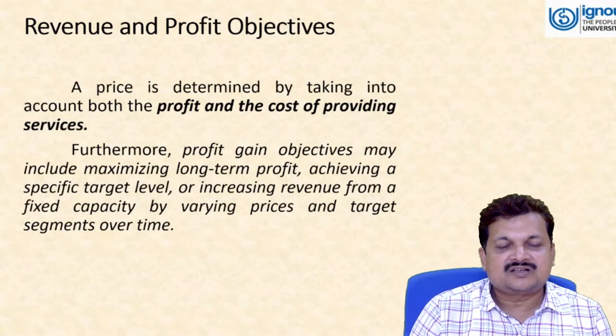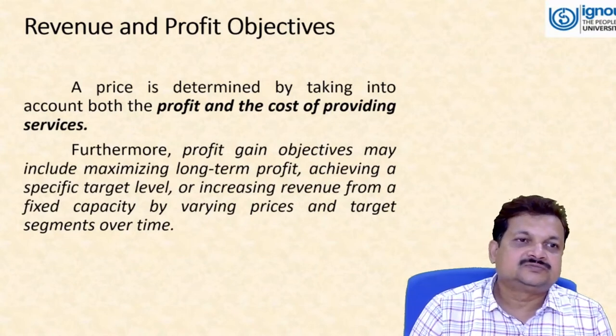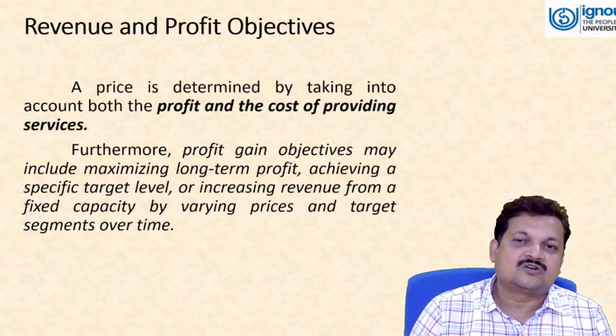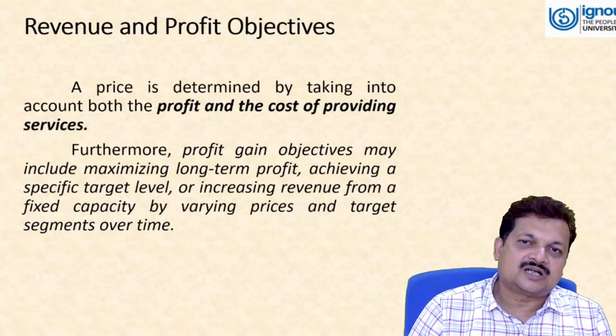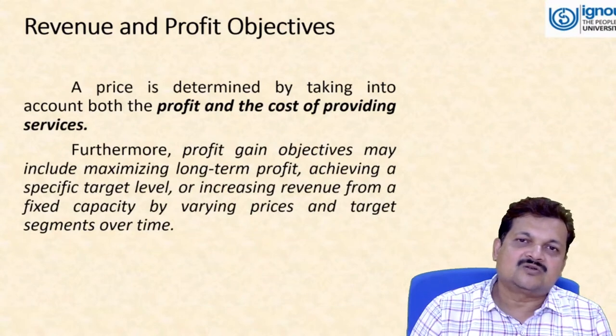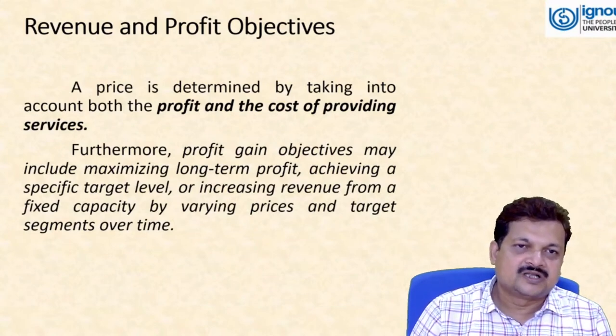And there is the cost of providing services: how many times the service engineer is busy with that product's services, how many times the service engineer has gone to that particular point to give the services. These are the costs associated from the company side for that product. On the basis of all these costs, they determine the selling price of the product.